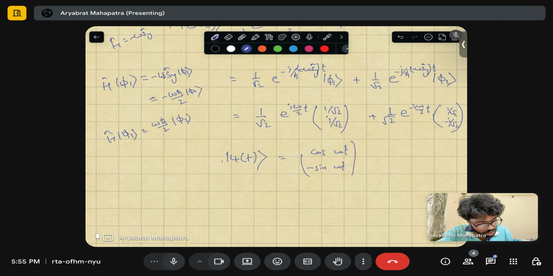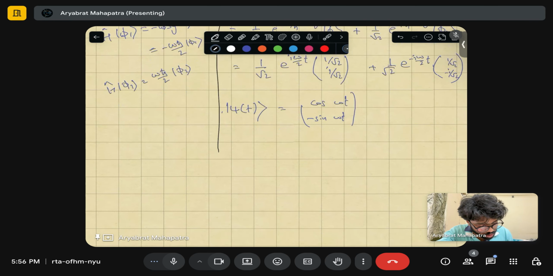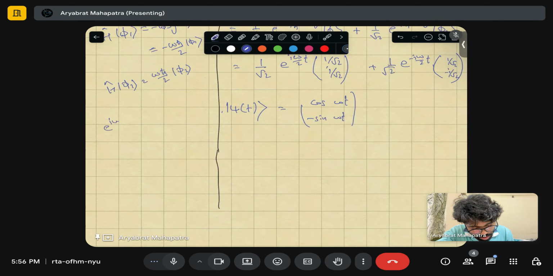Because if you add them, you know this relation. These are from the Euler relation.